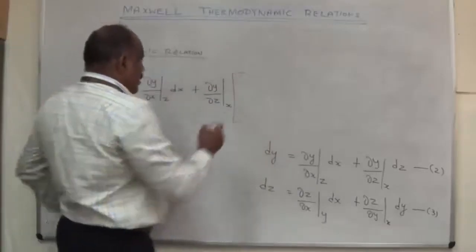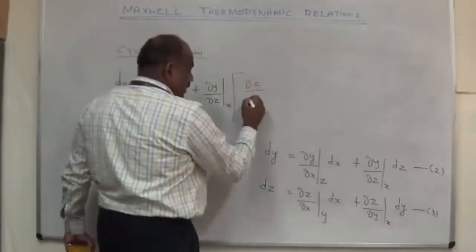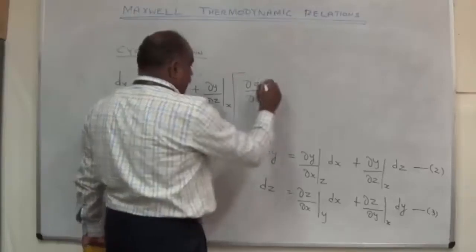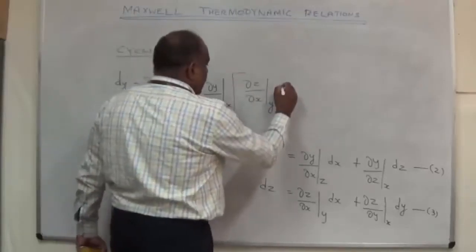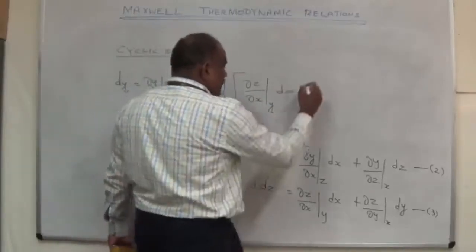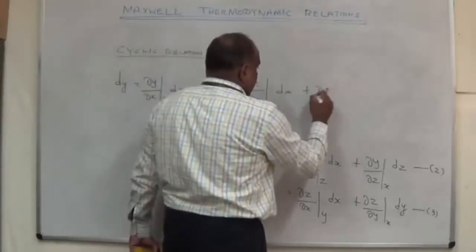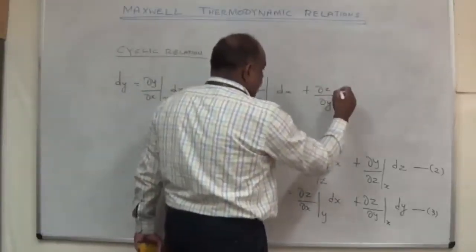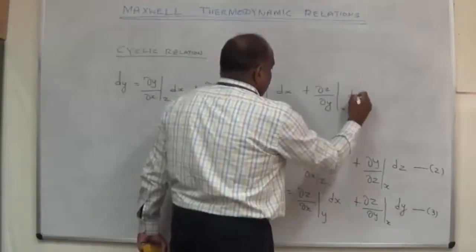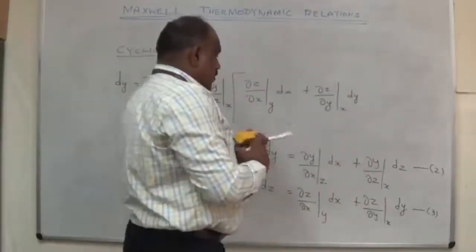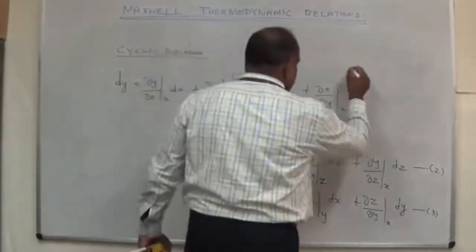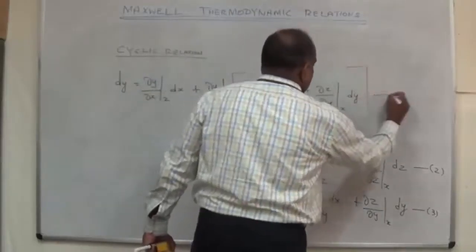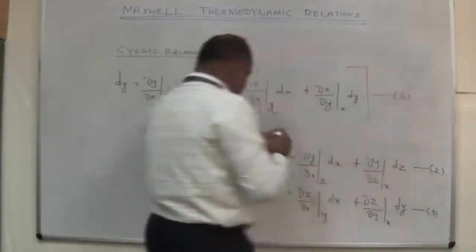So it is dou z by dou x at constant y into dx plus dou z by dou y at constant x into dy. Let us call this equation number 6.